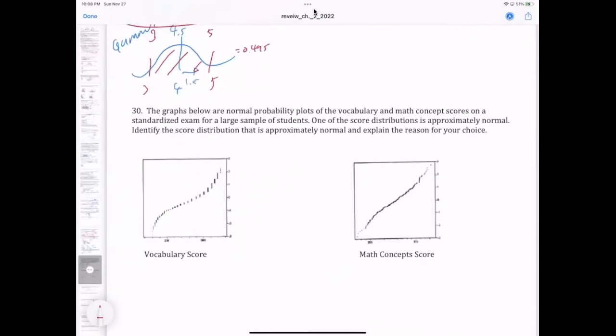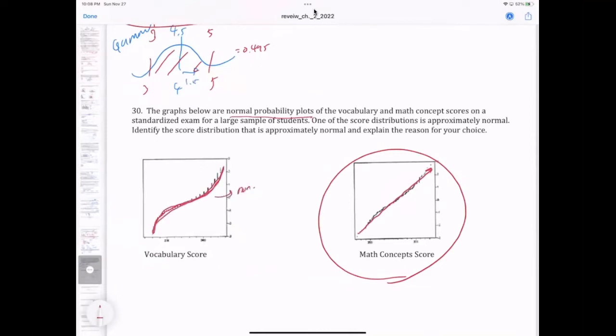Number 30, one of the score distributions is approximately normal. I think we can both agree that it's the math. This is the normal probability plot. Remember, the only thing you have to really worry about is how linear the plot is. This type of curve means that this is going to be non-normal. Anytime you see a curve in this normal probability plot, you do not want to see that.